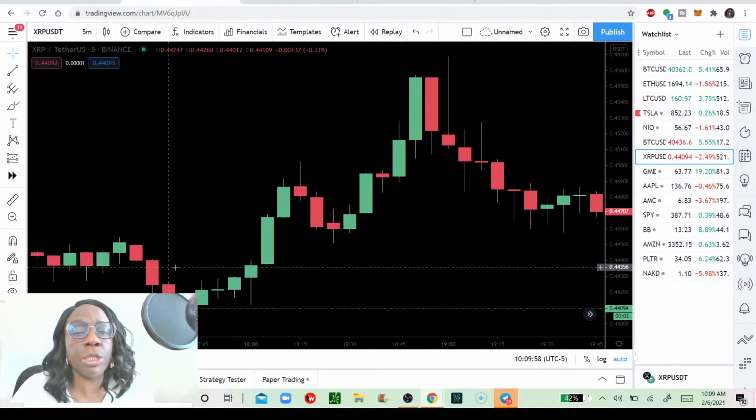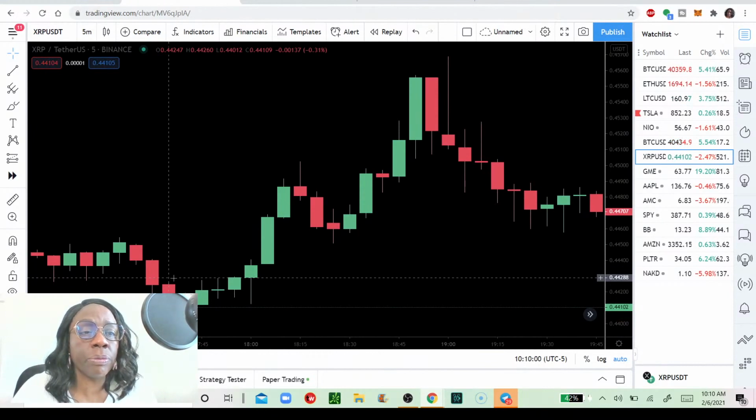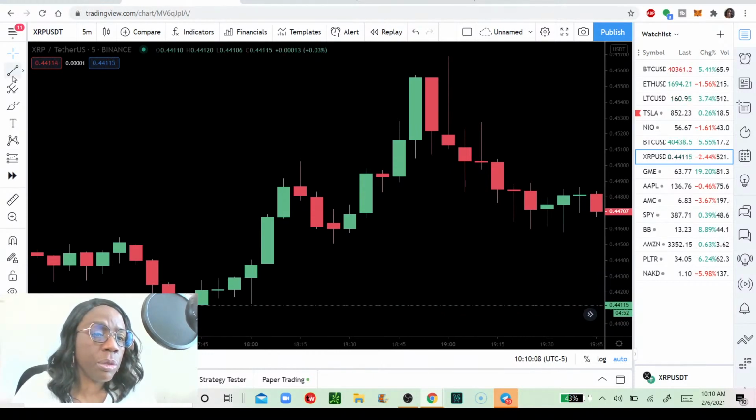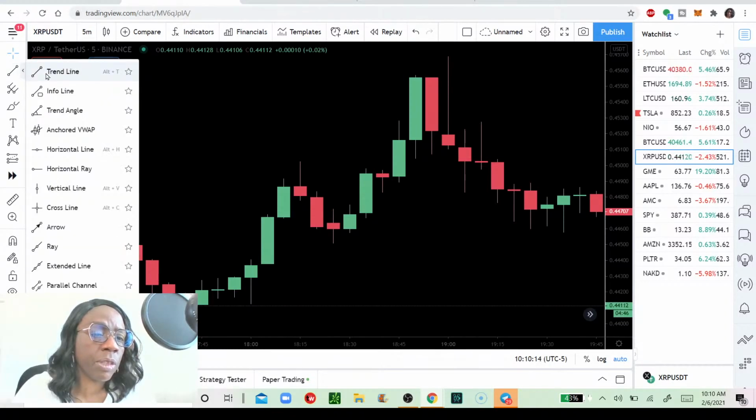So what I'm going to do is, I'm on TradingView, and I'm going to use this button here. Here we have these lines. I'm going to click on it and you can see the different lines, but the one I'm interested in for now is the trend line.